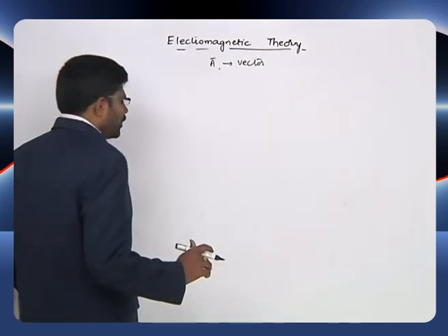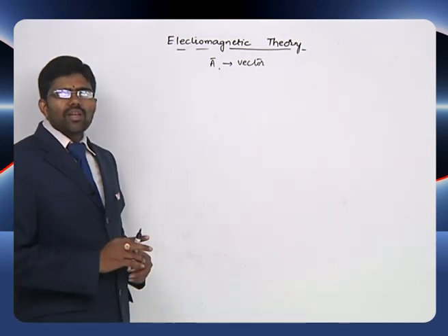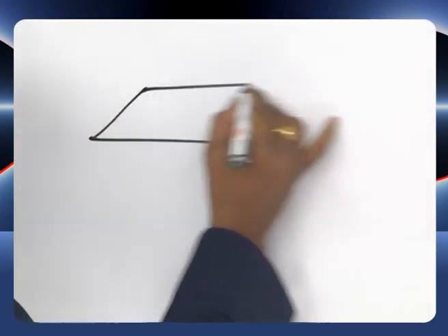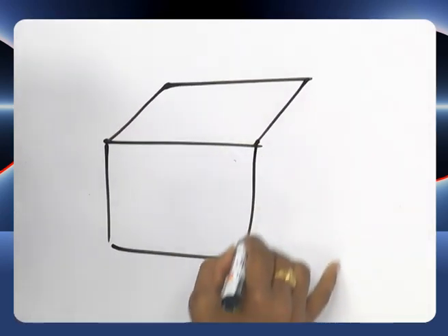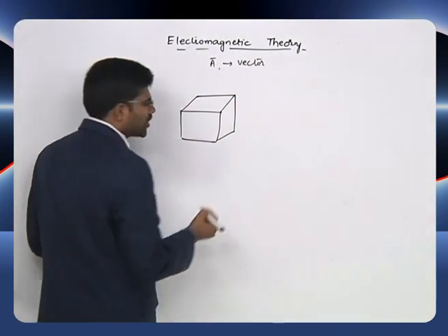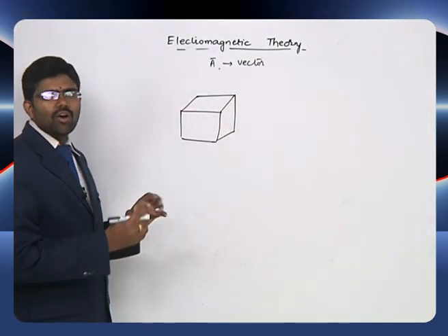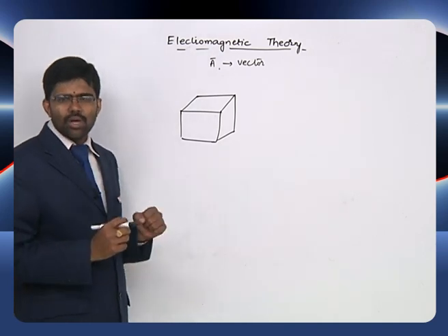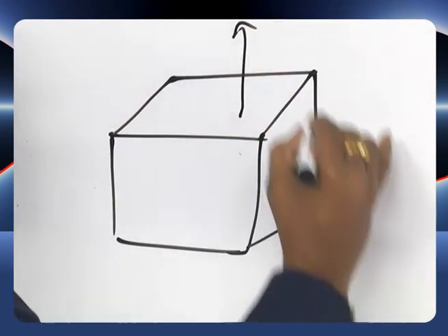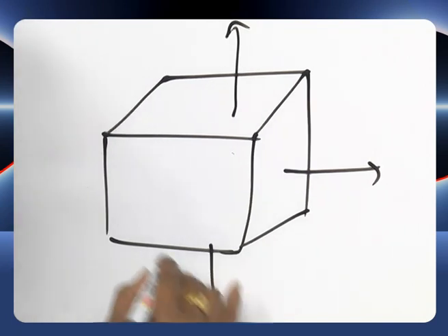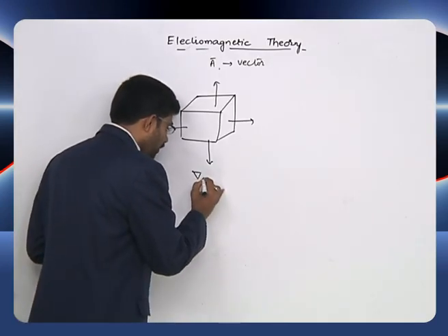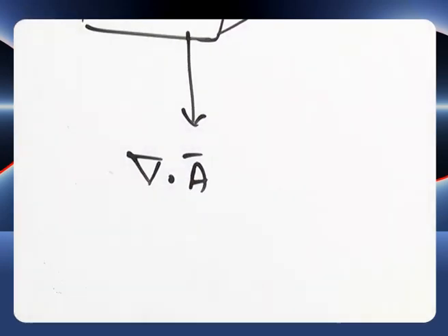Here, once again, let us consider A bar as a field, and a differential volume. For this differential volume I calculate how much of the field is diverging or oozing out from it. If the quantity is going out from the volume, we observe how much is going out by applying divergence.